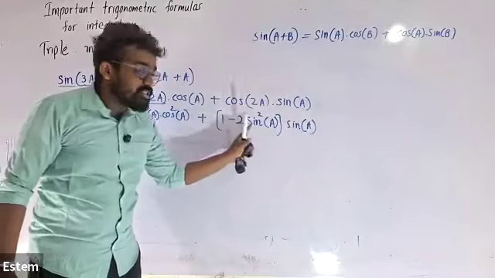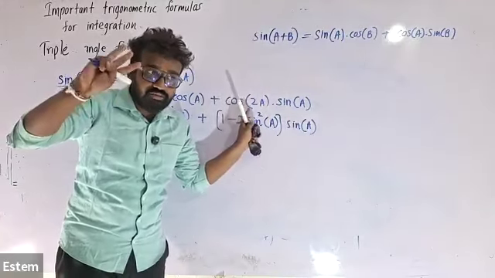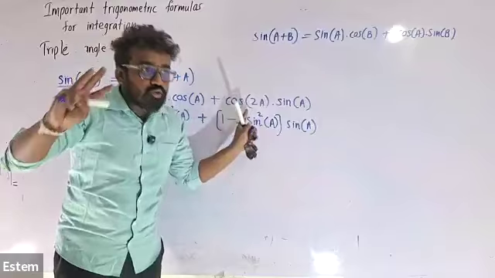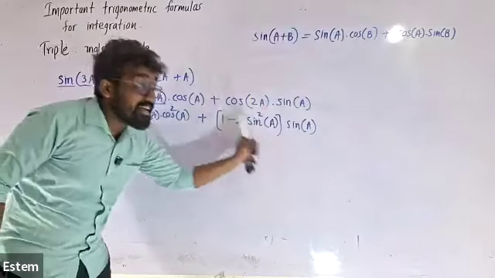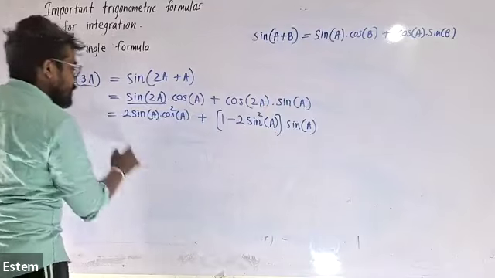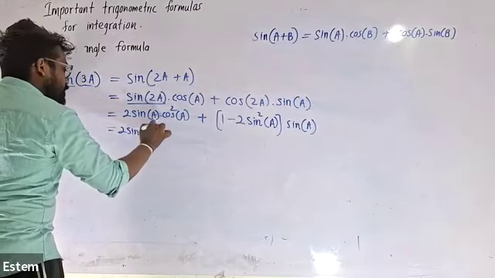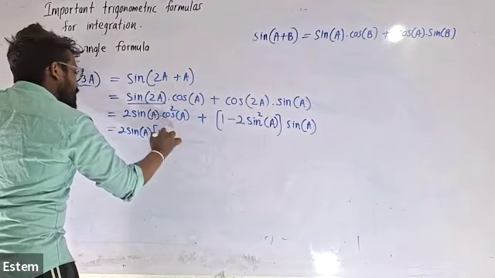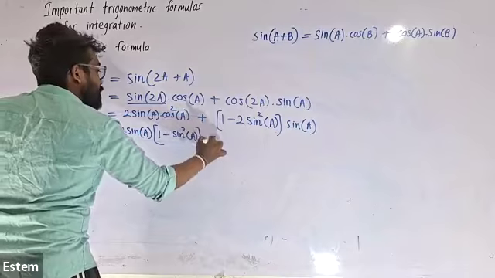Why did I choose 1 minus 2 sine squared a for cos 2a? There were three options. I want to express sine 3a only in terms of sine. So I replace this also by 1 minus sine squared a. So this is 2 sine a, and cos squared a is 1 minus sine squared a.